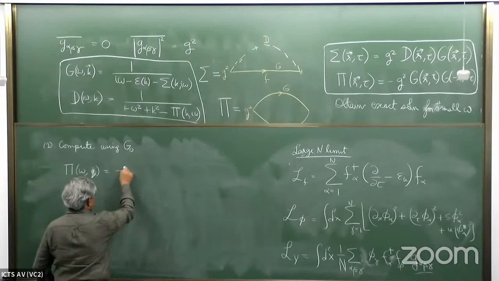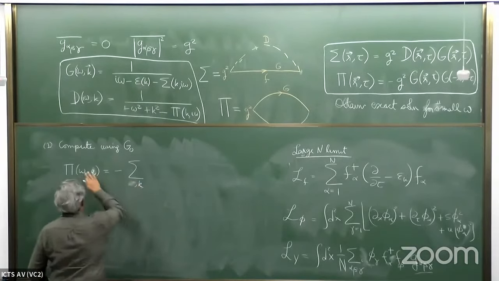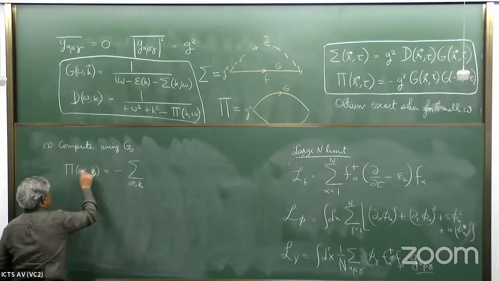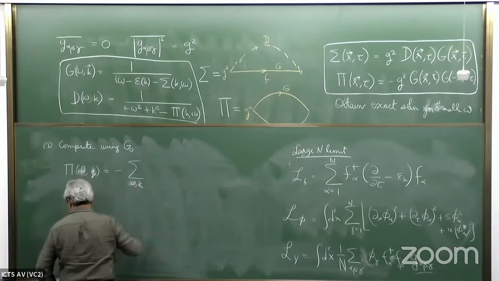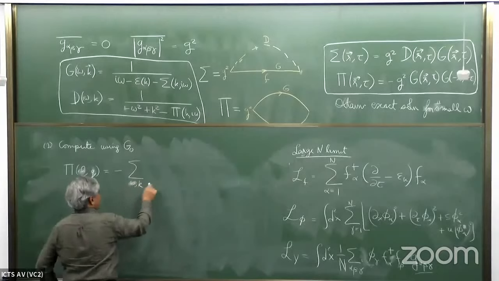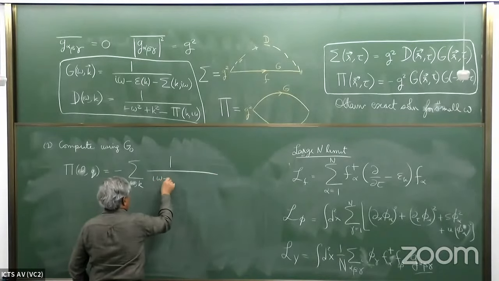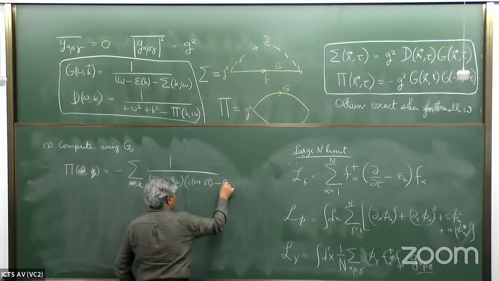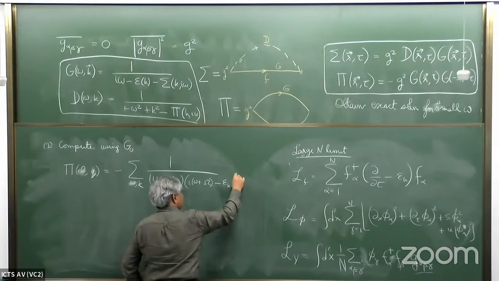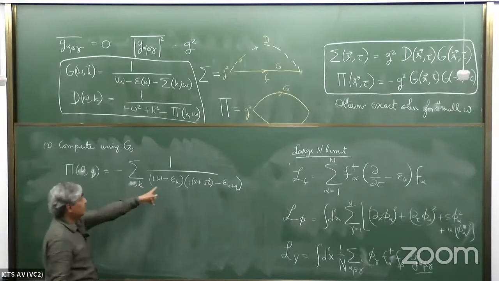It would be minus the sum over omega and K. I'll use the notation in the notes: capital omega and Q, sum on omega and K, 1 over (i omega minus epsilon_K) times (i omega plus i capital omega minus epsilon_{K+Q}). That's just the bubble diagram with the bare Green's functions.